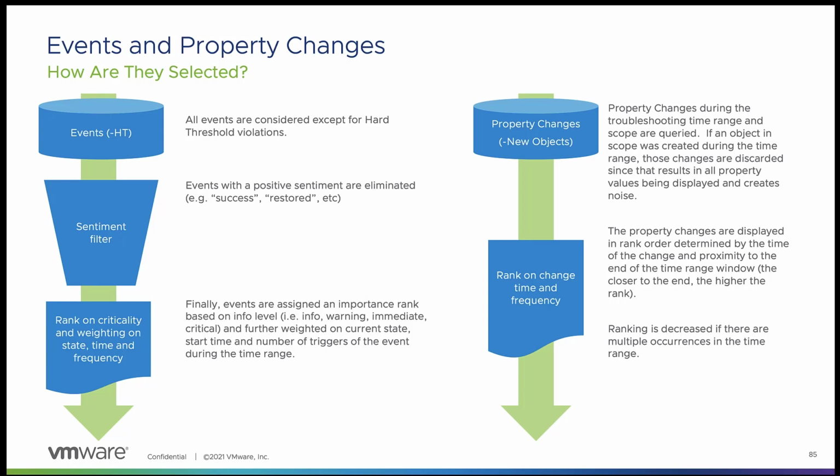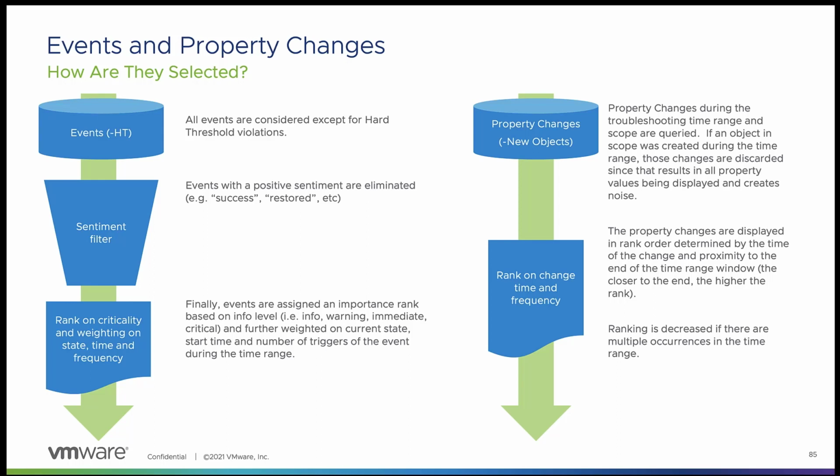So we're going to take our events, and we're going to subtract out those hard threshold violations. We're only looking at dynamic threshold violations here. Then we're going to take out anything that has a positive sentiment attached to it. So anything that's success or restored, those are going to be taken out, so we're not going to look at those, even if it does technically breach a dynamic threshold.